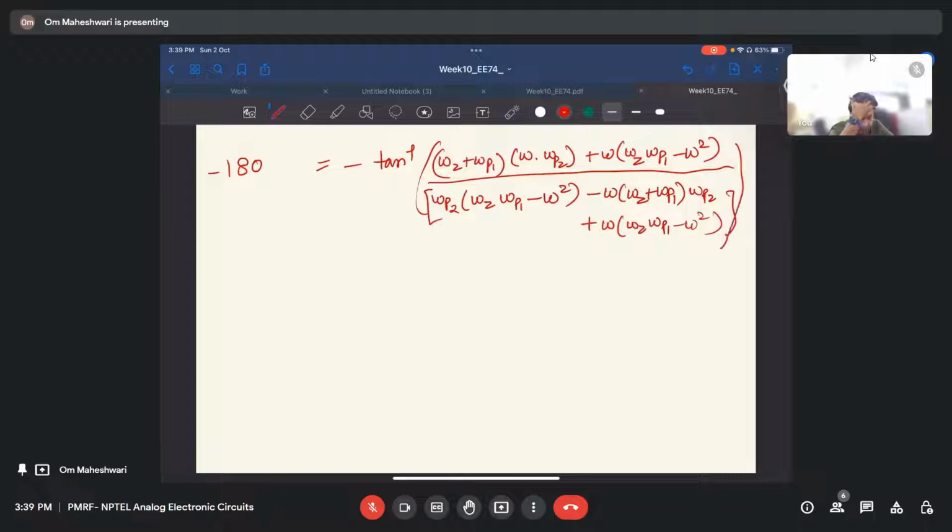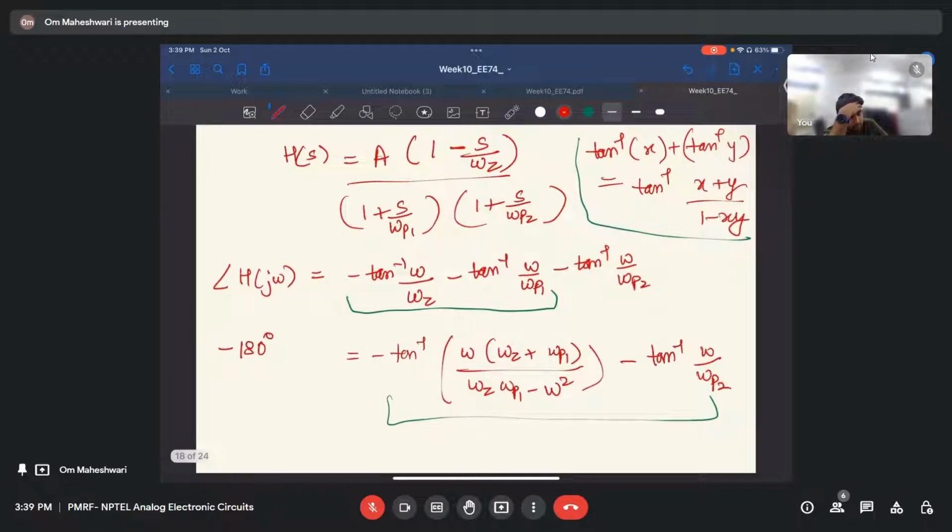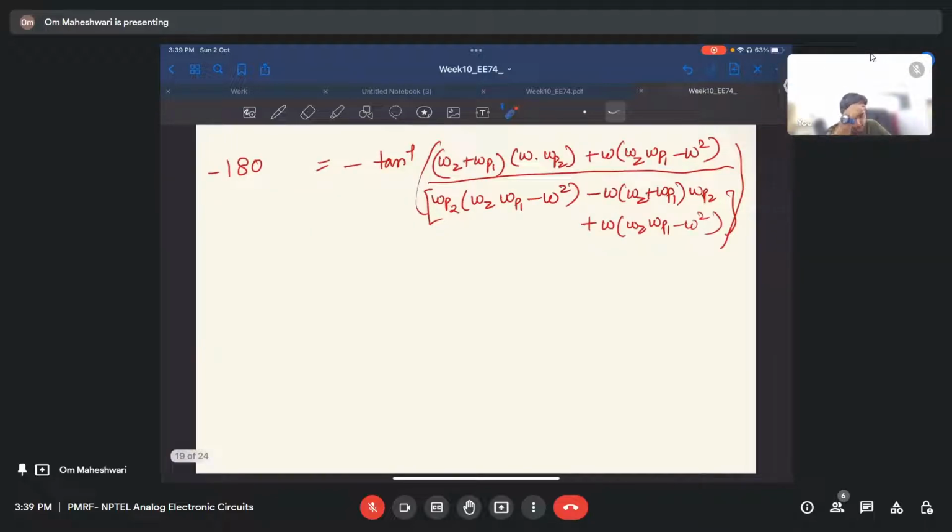It seems very complicated, but it is not. I have just simply used these formulas to solve this, and I'll get something like this.